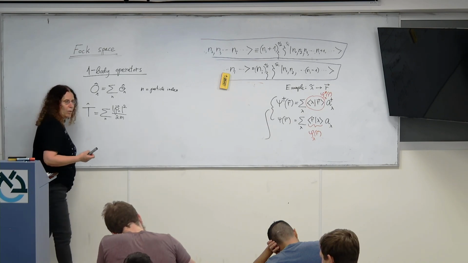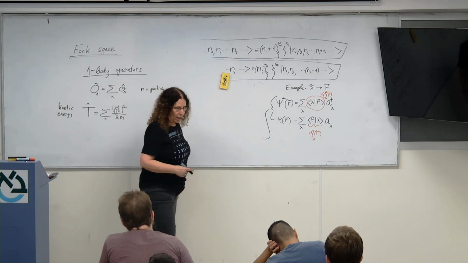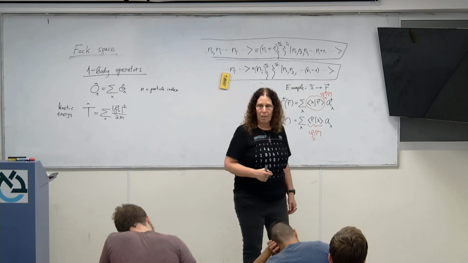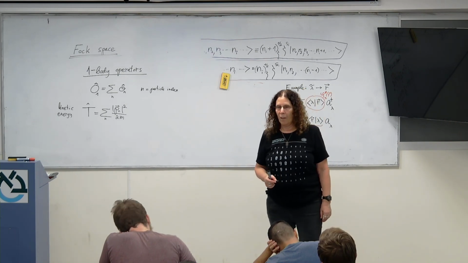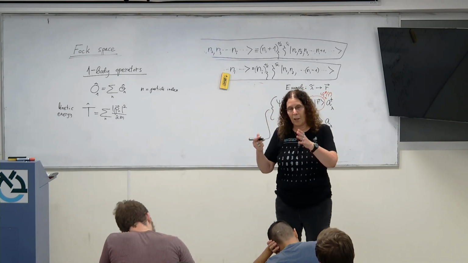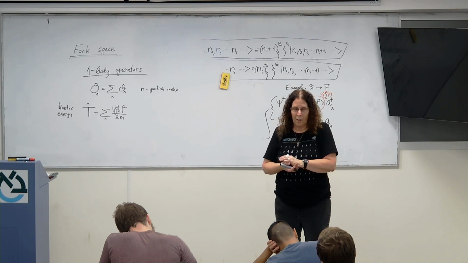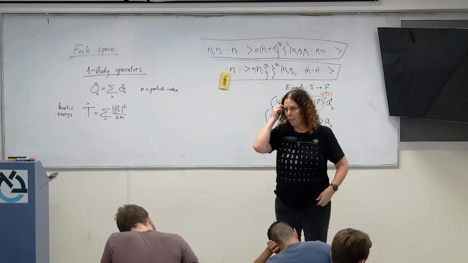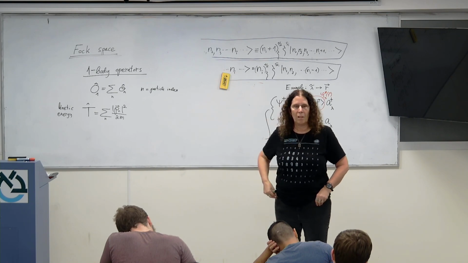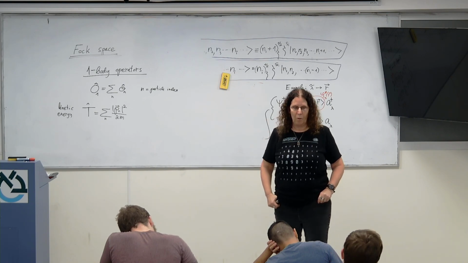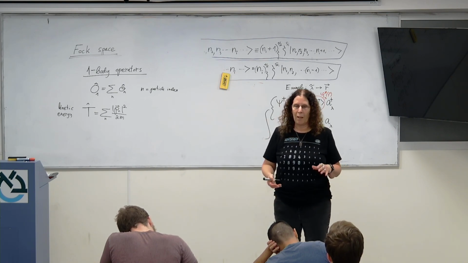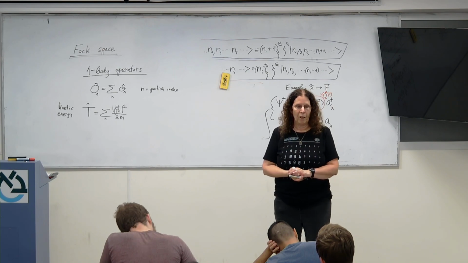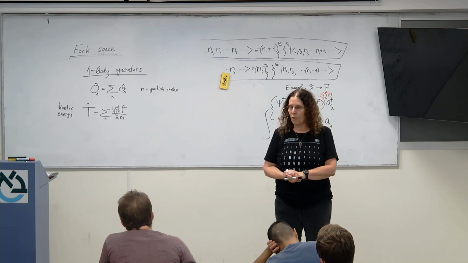But you can also discuss single body operators that take one particle. So you can imagine an operator with well-defined matrix elements that describes a hopping process of a particle from site i to site j, like in the tight binding model in solid state.